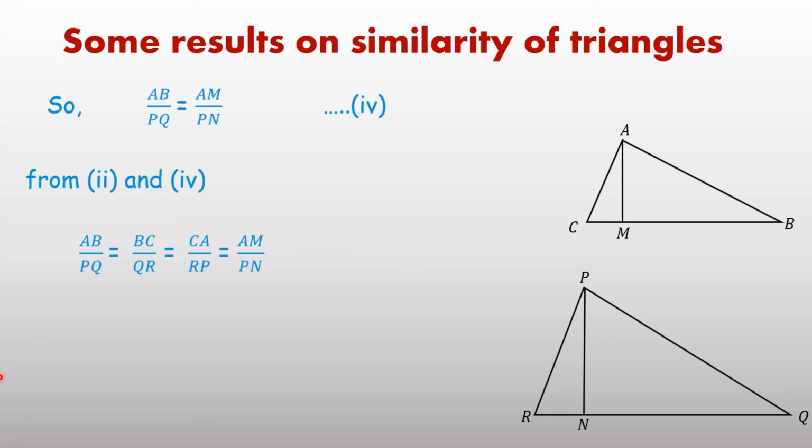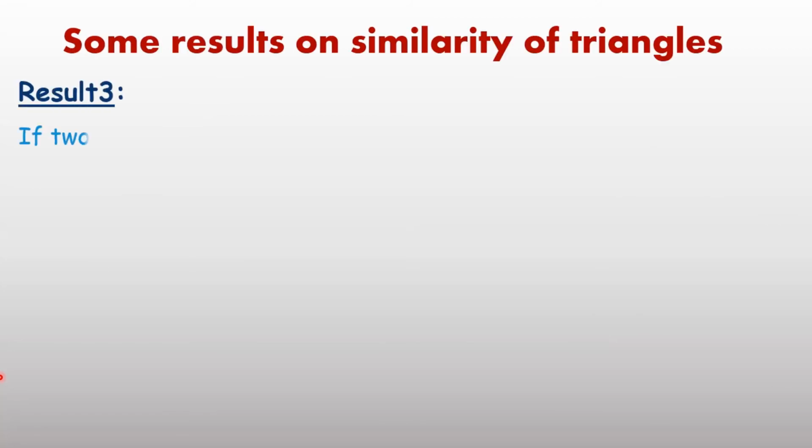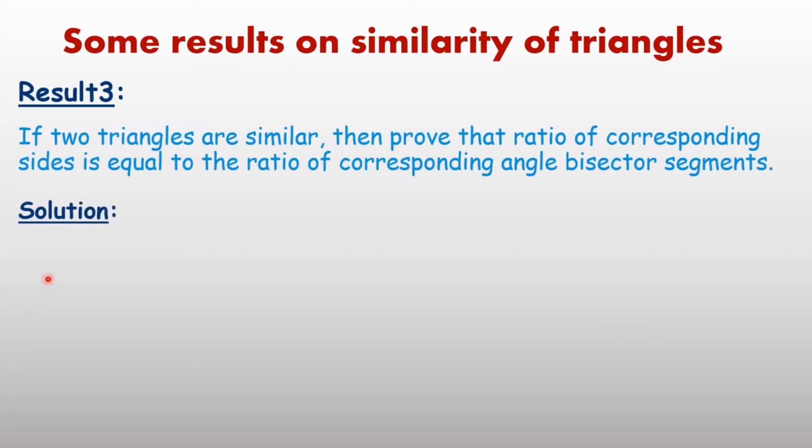Now third result, which is also important. If two triangles are similar, again apply from same process, ratio of corresponding sides are equal to the ratio of corresponding angle bisector segment. In first result, I consider median. Second result, altitude. Now third one is for angle bisector.